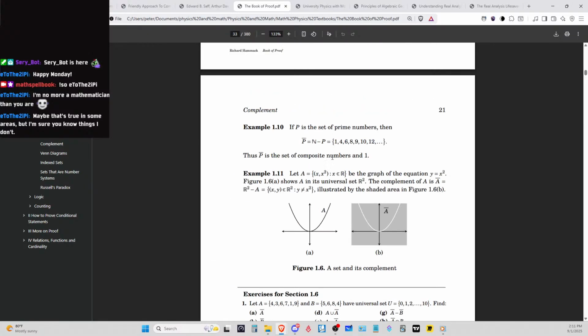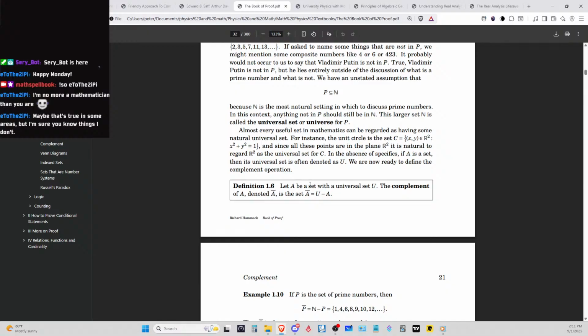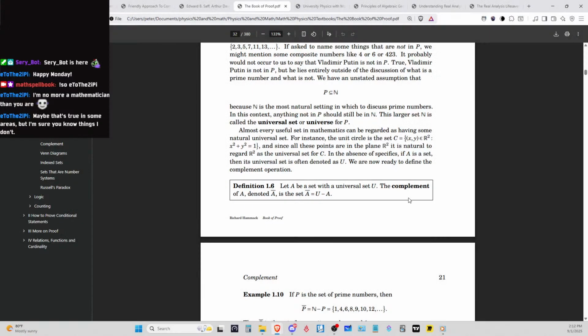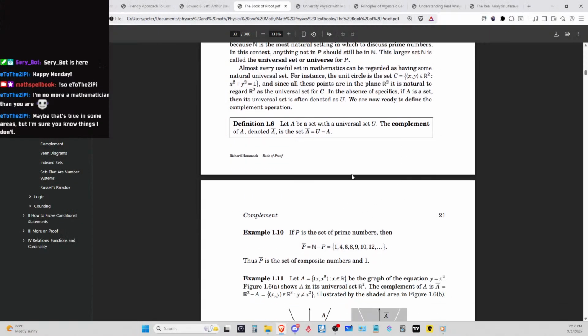Because I'm pretty sure complement is the thing when it has a little c, isn't it? Unless this is another way of denoting complement. Denoted universal. I'm thinking this is it. I thought this book used, oh yeah, these are the primes.